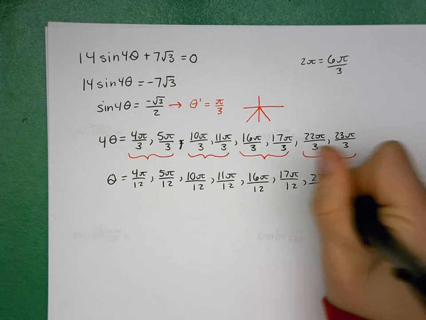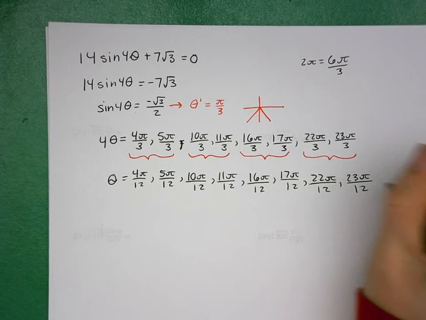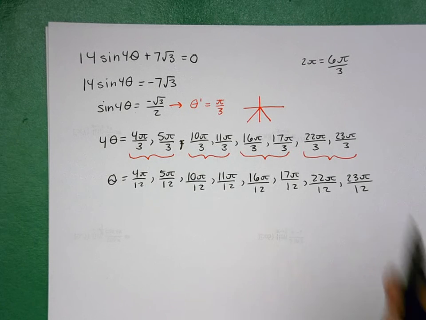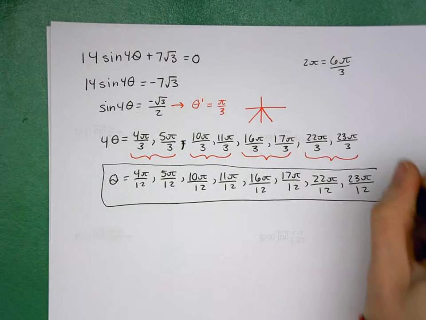Yes, 11 pi over 6. And 23 pi over 12 for my last but not least. Doesn't put me up and over 2 pi, so we're good to go. We've got our answers.